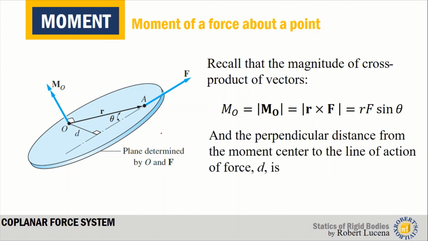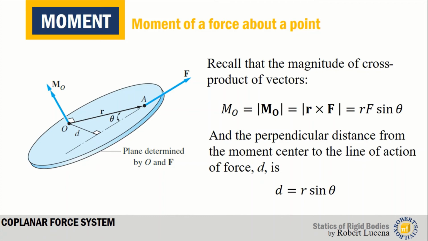And as you can see, R sine theta is D, where D is the perpendicular distance of F to point O. And the perpendicular distance from the moment center to the line of action of force is D.